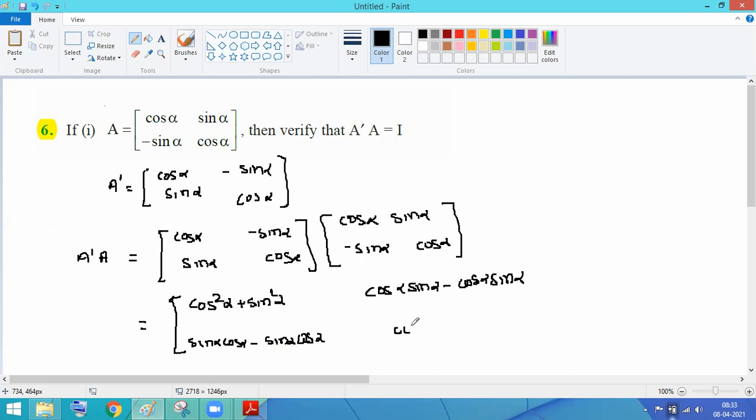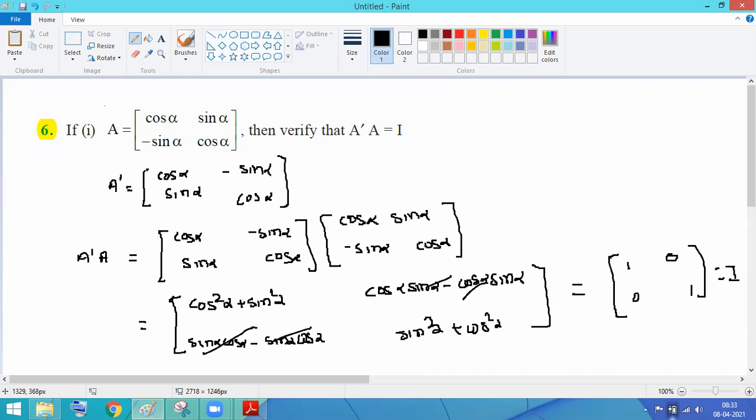Second row second column: sin square alpha plus cos square alpha. We can cancel these terms, and sin square alpha plus cos square alpha is 1, so we get 1, 0, 0, 1, an identity matrix. And we proved it.